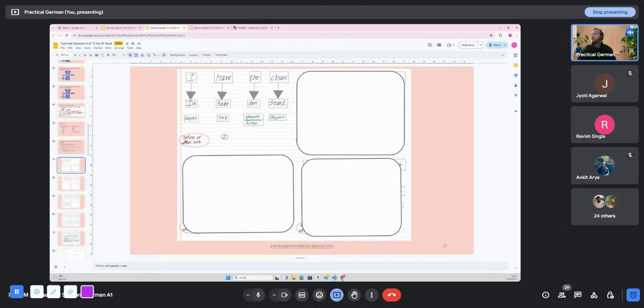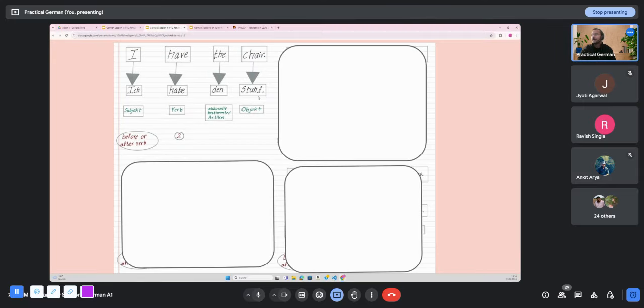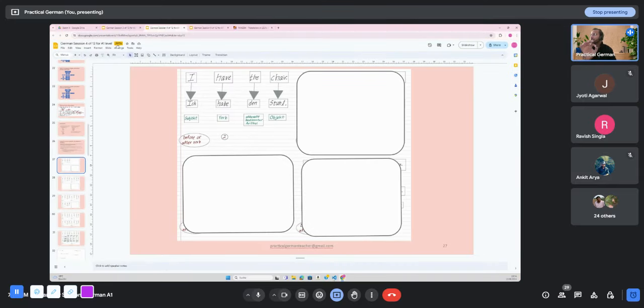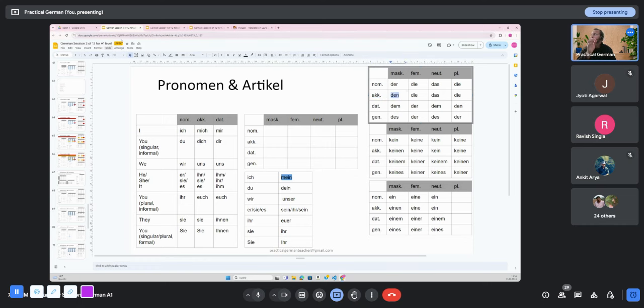If I go by the logic, chair is der Stuhl, but I'm not saying der, I'm saying den. Why? Again, I am telling you, just accept it for now: it is masculine and it is accusative case. If it was nominative case, you would have said der Stuhl, but because it is accusative case, it is den Stuhl.